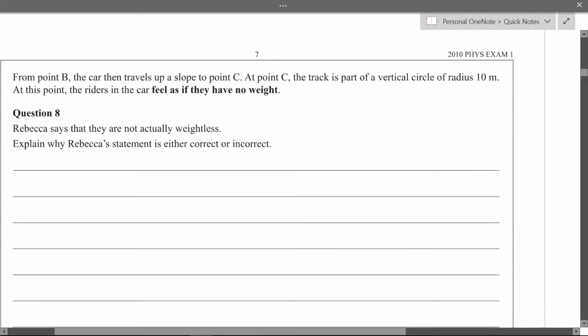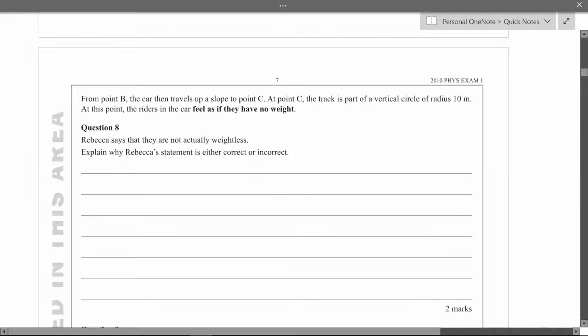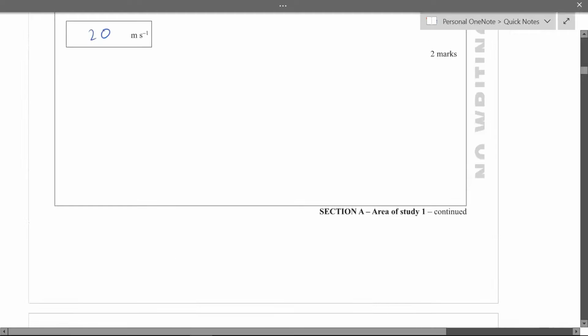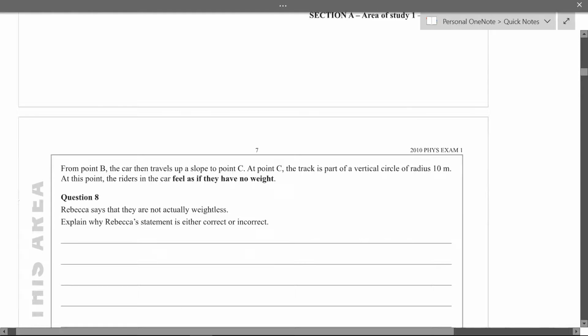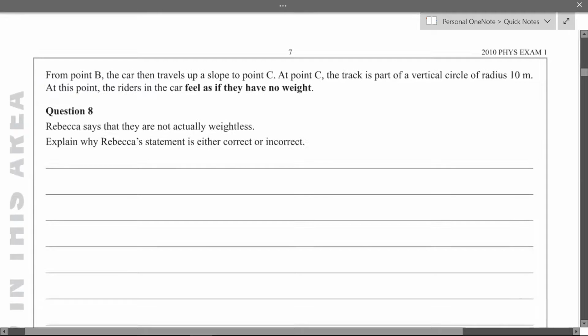Question 8. From point B, they travel up to point C, and the riders in the car have no weight. Point C is here, so the cart would be upside down. Rebecca says they're not actually weightless.